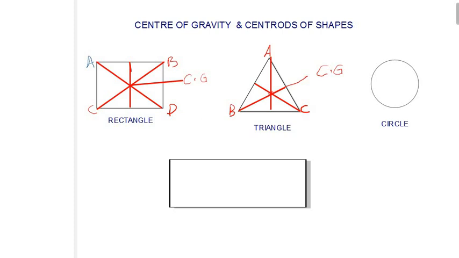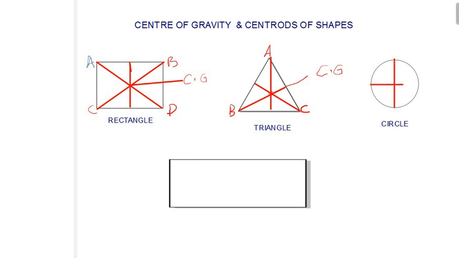Then for the last one, which is the circle, we can pick any point from here to here. It doesn't have any vertices, it only has a circumference.